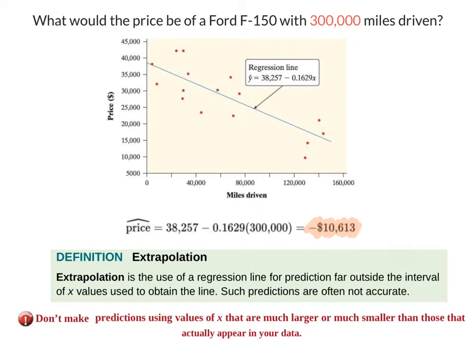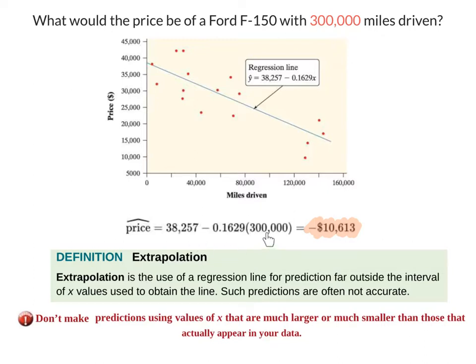Now, if I wanted to take that a step further and go above and beyond the data that's been collected, I'm curious what this regression line would give me for 300,000 miles. That wasn't a data point or anywhere near any of the data points that we had for the number of miles. It looks like we didn't even get to 160,000 miles. So let's see, could this predict something beyond the scope of our inputs?